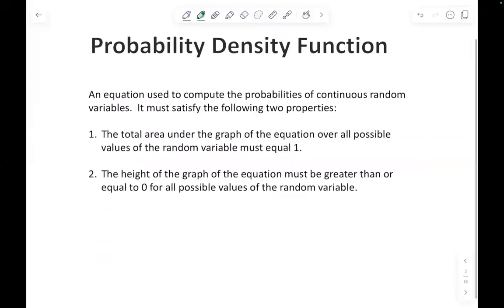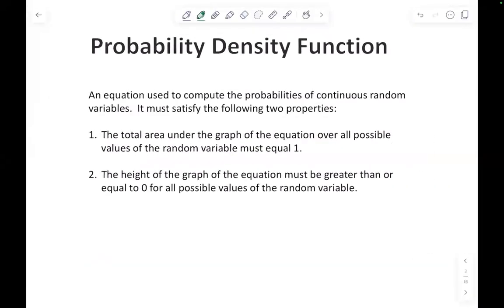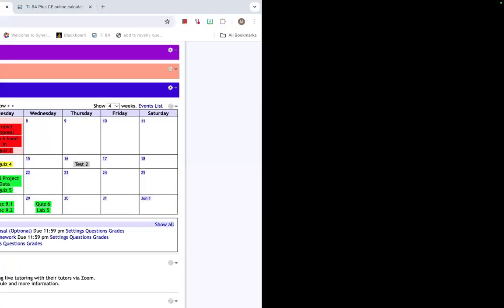So let's see here. As we called before, a probability distribution, well, what happened? Darn it. Come on. I hate when that happens. All I did was move it onto my lap. Ugh. Okay. See if I can get this done quickly.